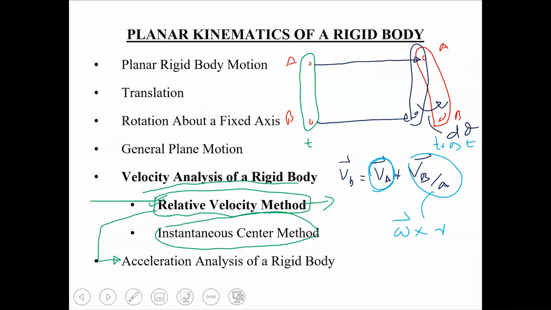So the overall equation would become VA plus omega AB cross r BA. So this is the relative velocity equation which we would be applying on any rigid body undergoing general plane motion to perform the velocity analysis. I hope that all of you remember this equation.